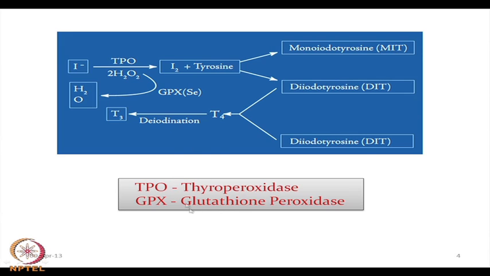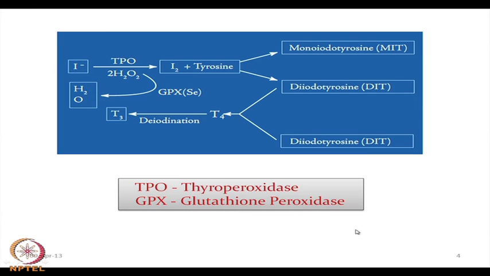In the other case, a selenium bearing peroxidase is also there, which is responsible for another interesting amino acid based species, glutathione. So, sulfur oxidation can take place. So, we can have the corresponding glutathione peroxidase.